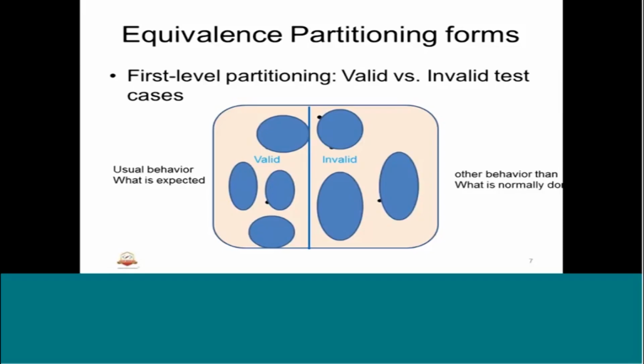First we define all the test cases, then we partition them: the usual behavior, what is expected for those inputs, is called the valid equivalence partition. The other one, other than the normal behavior, in terms of being outside the count or whatever it is, is called the invalid partition.